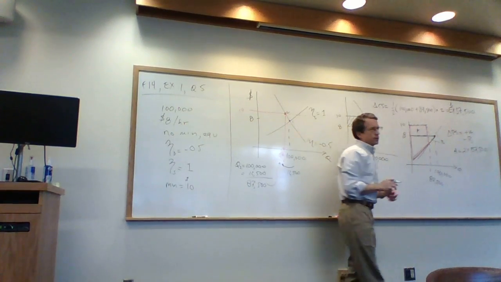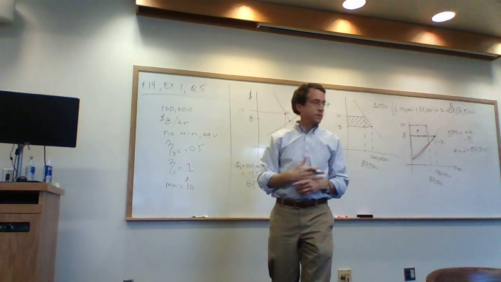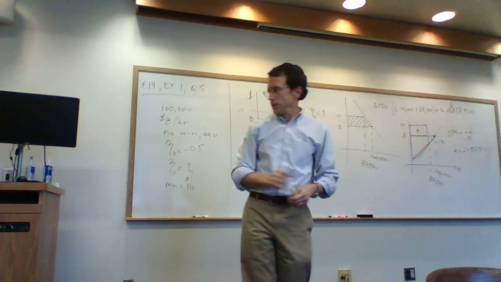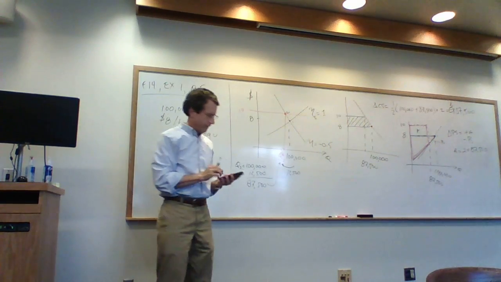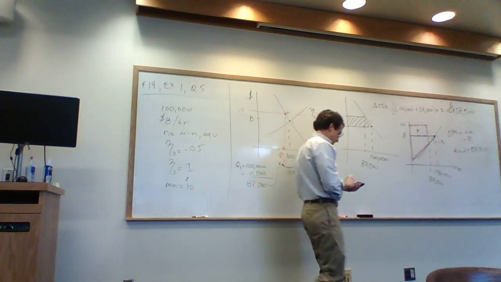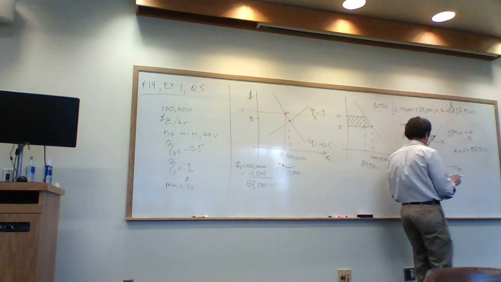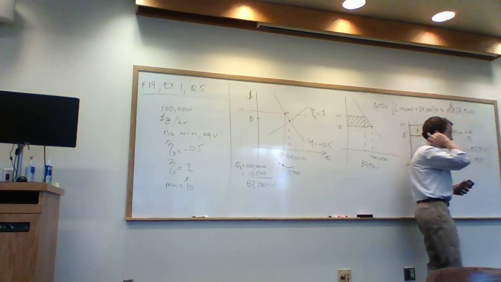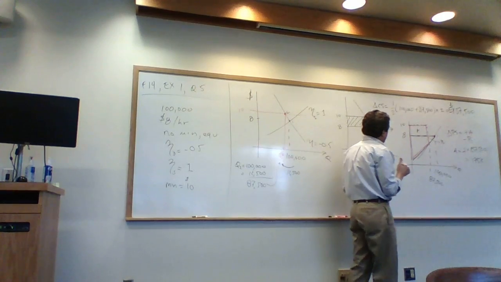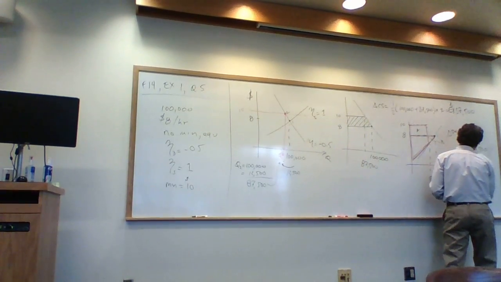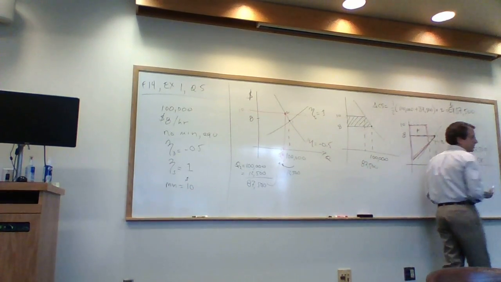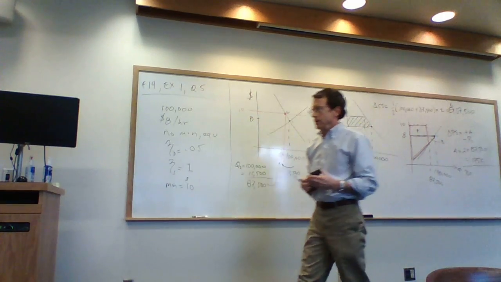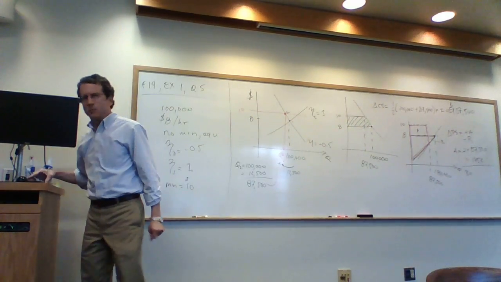And area A is really easy to calculate. That's just 2 times 87.5, which is 175,000. And then B. Okay. What's the tricky bit with B?